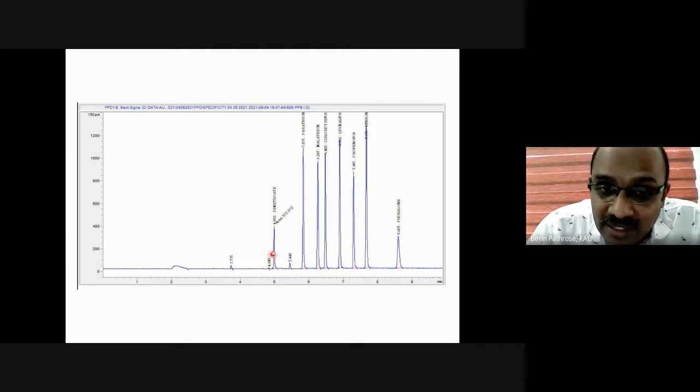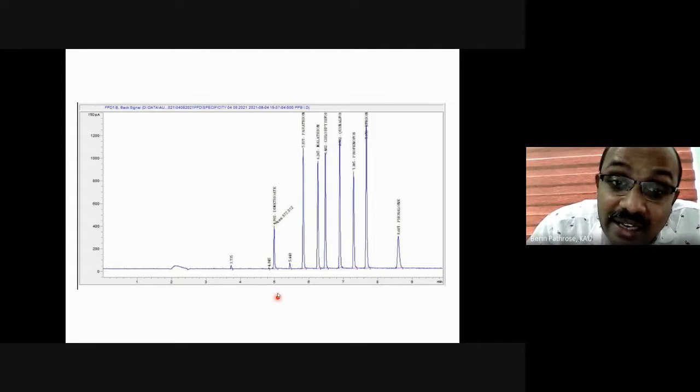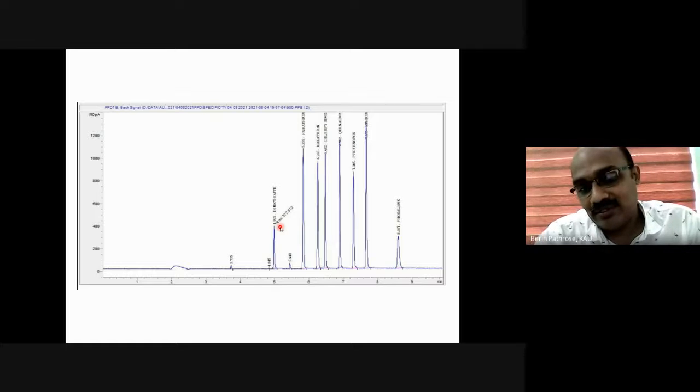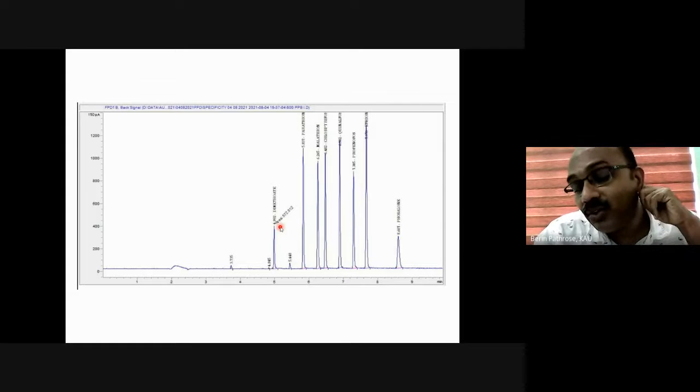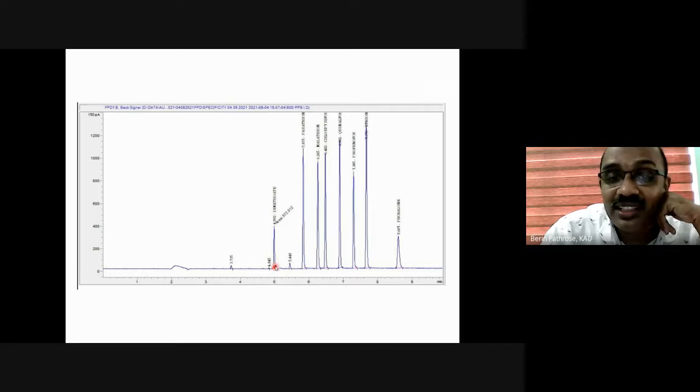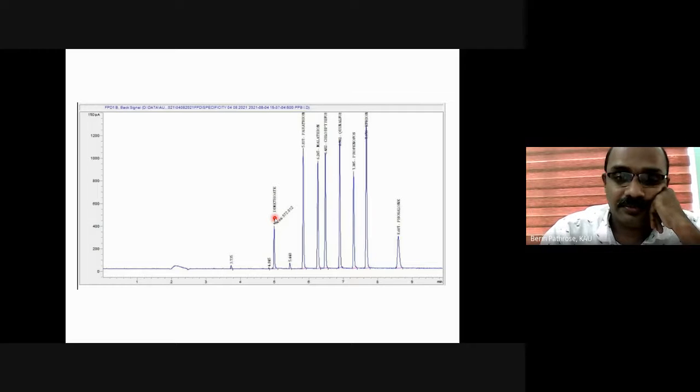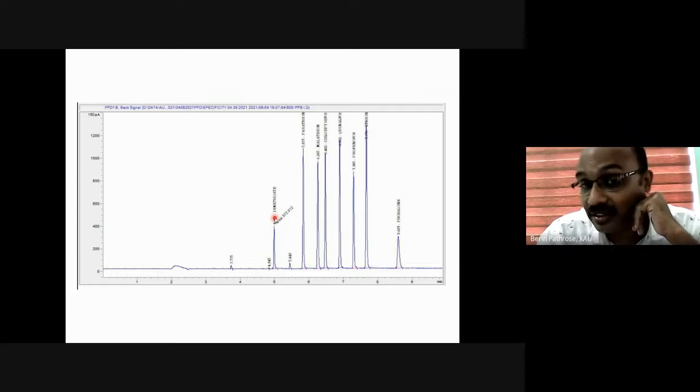So based on the retention time, we will identify the compound. Qualitative analysis is based on the retention time. The detection of the compound is based on the retention time.